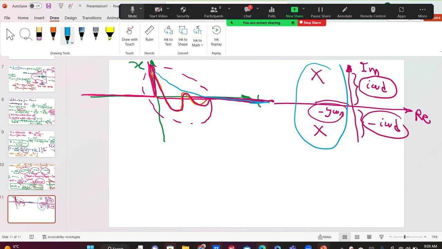Physically cannot. And that's why a first order system never oscillates. I'm not talking about the accuracy. I'm talking about the dynamics, how it behaves. This is how it behaves.